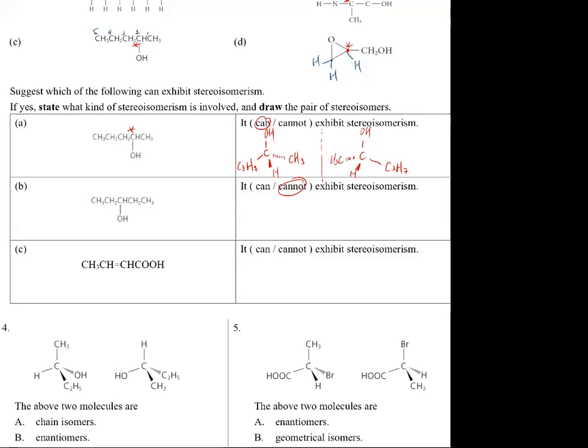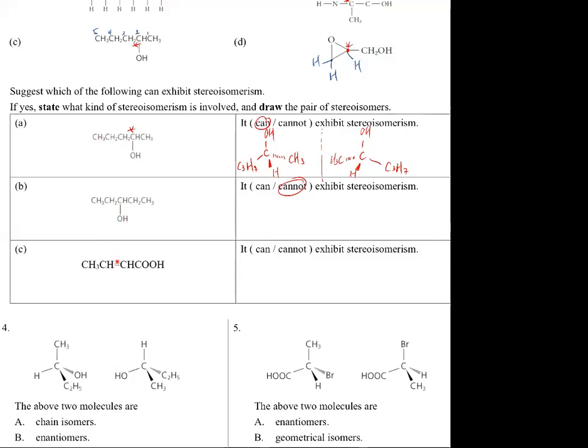Okay, so remember for geometrical isomers, similar requirement. So on the same side of the double bond, you should not be able to find the two identical group of atoms. Right, so check this molecule.